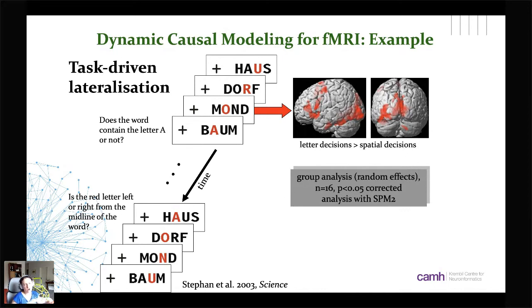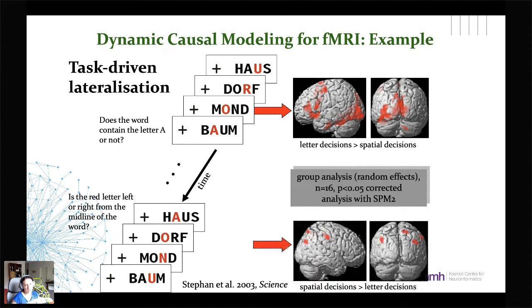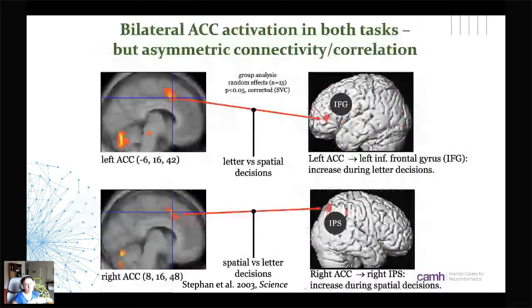So there was this sort of context-dependent recruitment of brain regions. At the same time, there was a distinct pattern for spatial decisions compared to letter decisions. And in particular, this activation pattern involved the bilateral anterior cingulate cortex activation, which was present in both tasks, but showed an asymmetric connectivity or correlation to other regions.